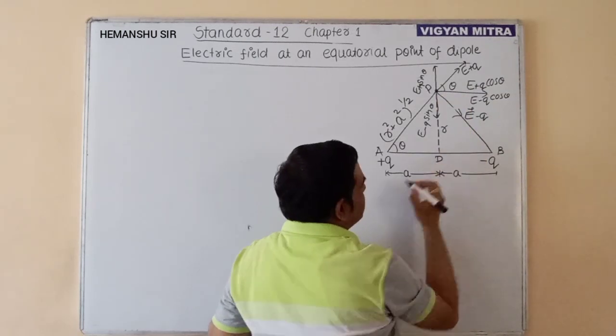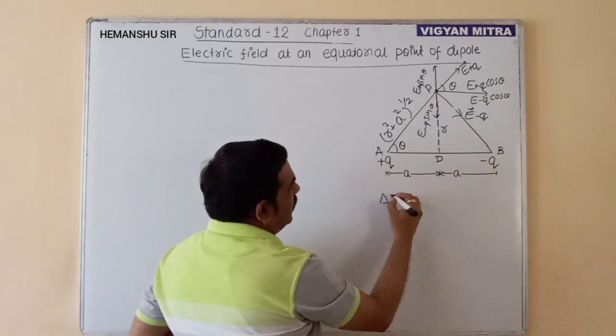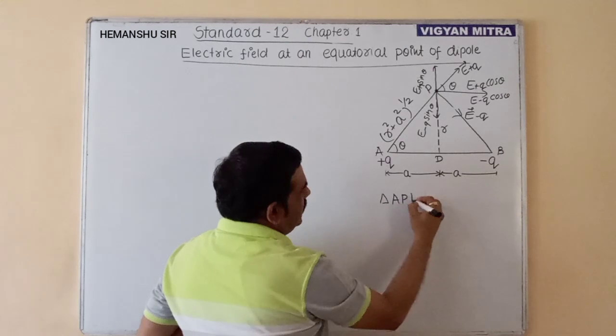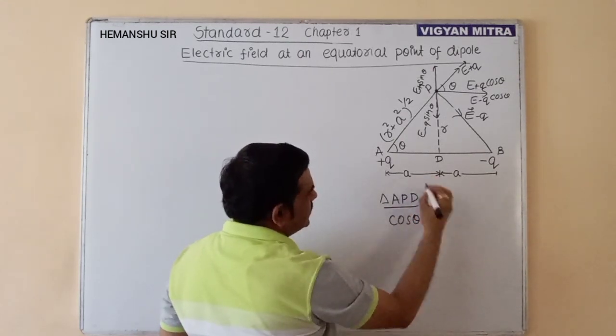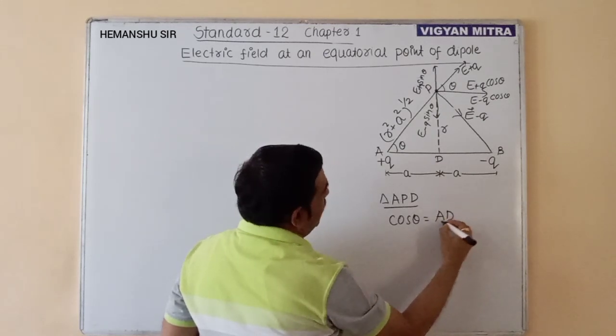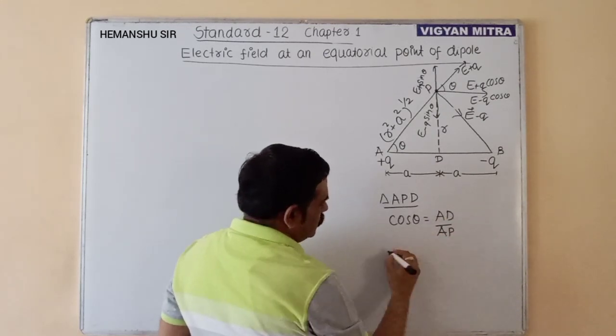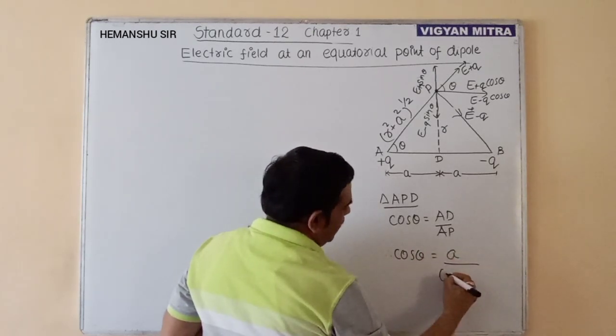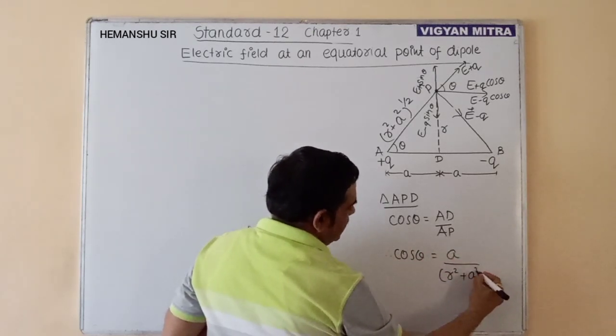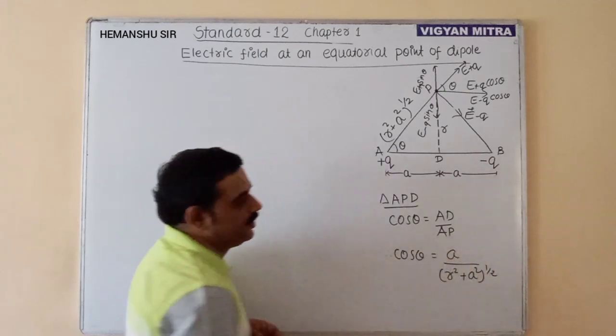If this point is D, then for triangle APD, cos theta is AD divided by AP. So cos theta is equal to A divided by (R square plus A square) raised to 1/2.